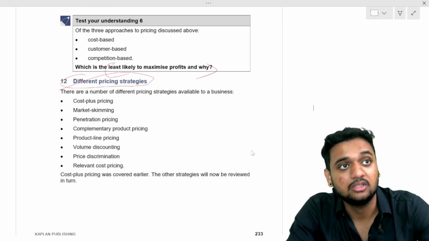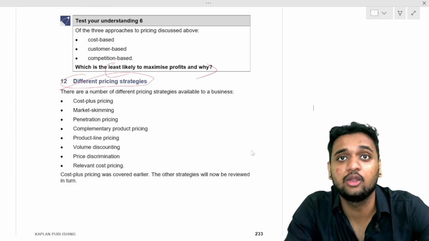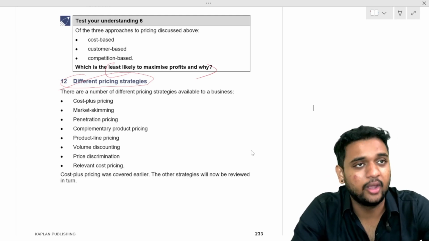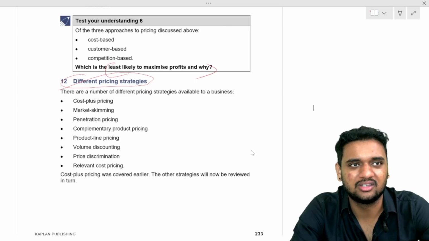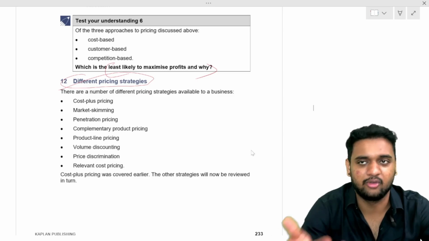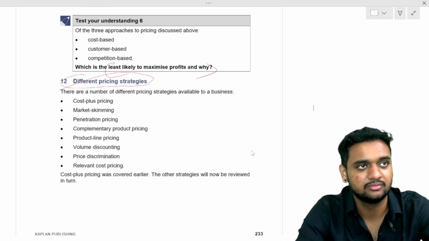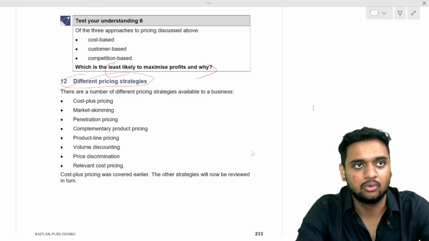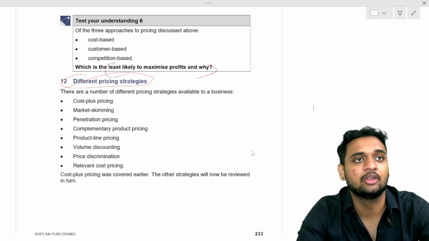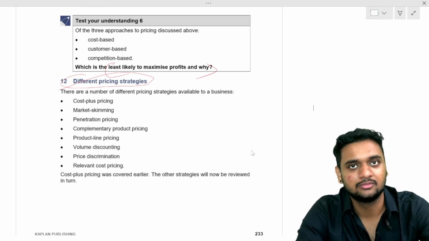This is one type. One more type is called cumulative volume discount. What that means is, I tell him, sir, I will get 1000 units for the entire month. But I don't want 1000 units now; I don't have space in my warehouse. I will take 100 now, 100 two days later, but eventually by the end of the month I will take 1000 units.